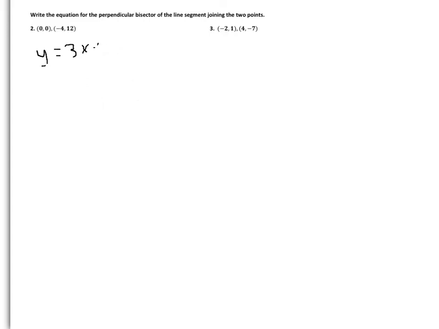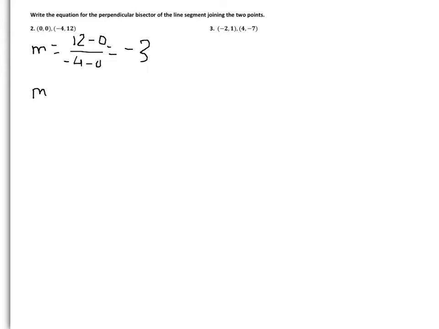So find the slope of this. So m equals 12 minus 0 over negative 4 minus 0. So the slope of these 2 points is negative 3.